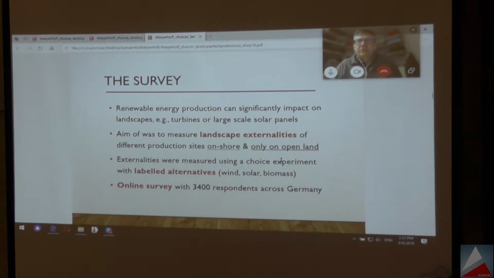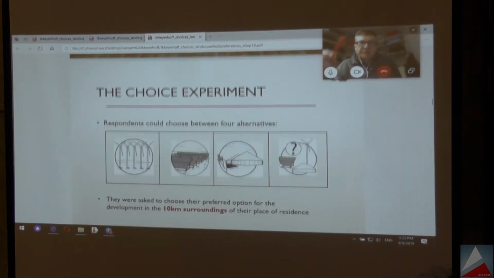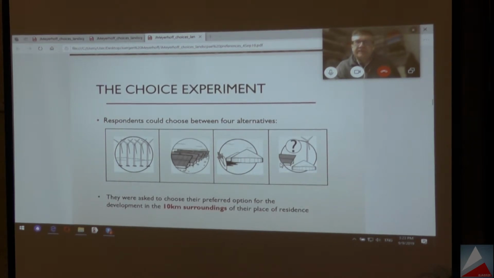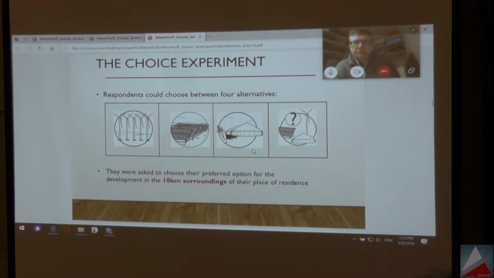The labeled alternatives were described by symbols, as you can see on this slide, and we had wind turbines for the alternative wind, and solar panels in the open landscape, indicated by the second symbol. The third alternative was biomass, and the last alternative was that people do not care about the kind of renewable energy built in their surroundings.